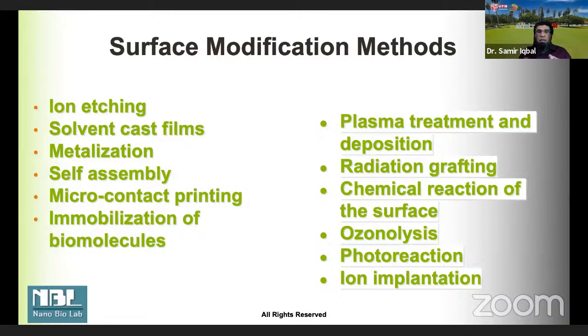We can put metal films on it, or we can put molecules and do a self-assembly kind of deposition of those things. There's a whole range of things, but whatever we do, the idea is that we need to get these entities or molecule-like things that can bind to that biomarker.